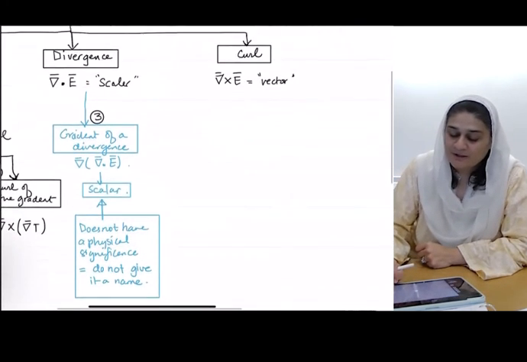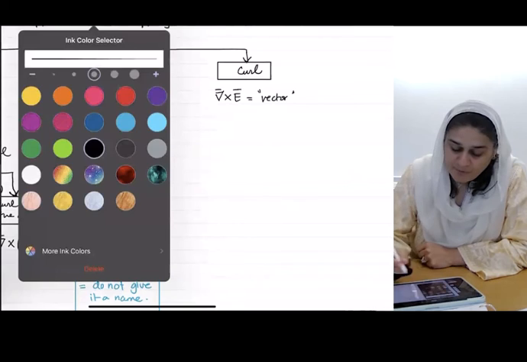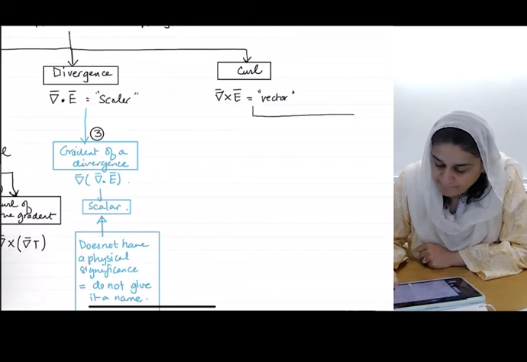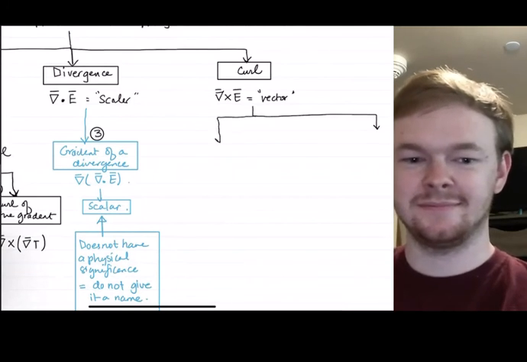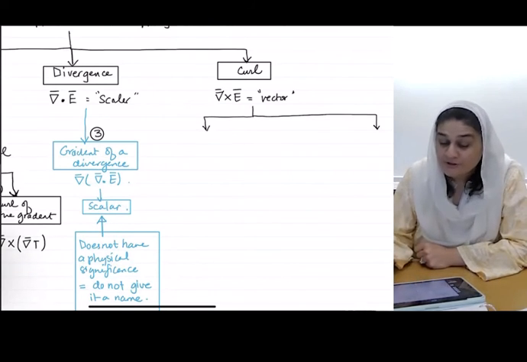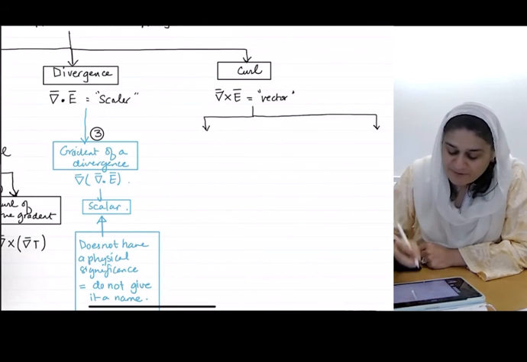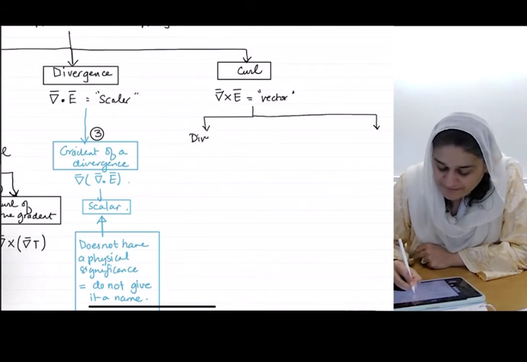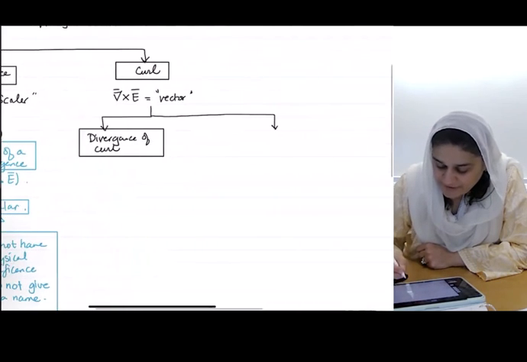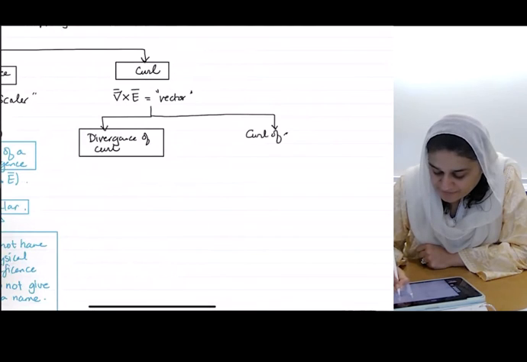Now, since the curl is a vector, what can the two possibilities be? Divergence and a curl. Very good. We could do the divergence first, so we'll do a divergence of the curl, and we could also do the curl of a curl.